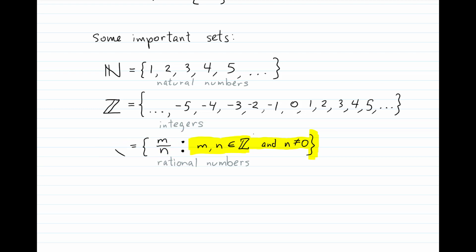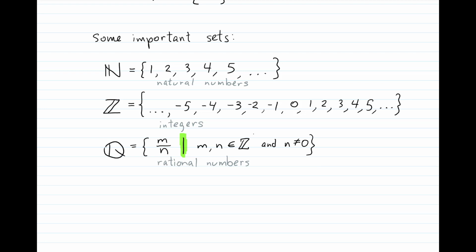I find a lot of students, oh, I accidentally erased our Q. I find a lot of students don't like that colon and prefer instead a vertical bar. You can do either one right here. Either a colon or a vertical bar. But either way, it stands for the phrase such that.